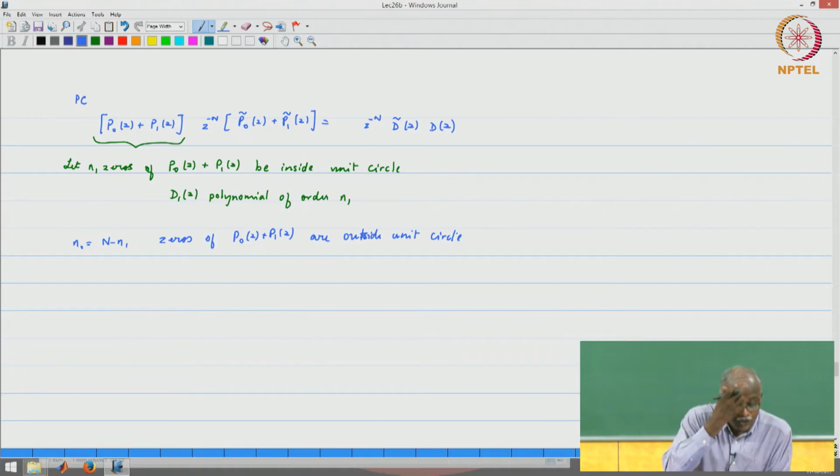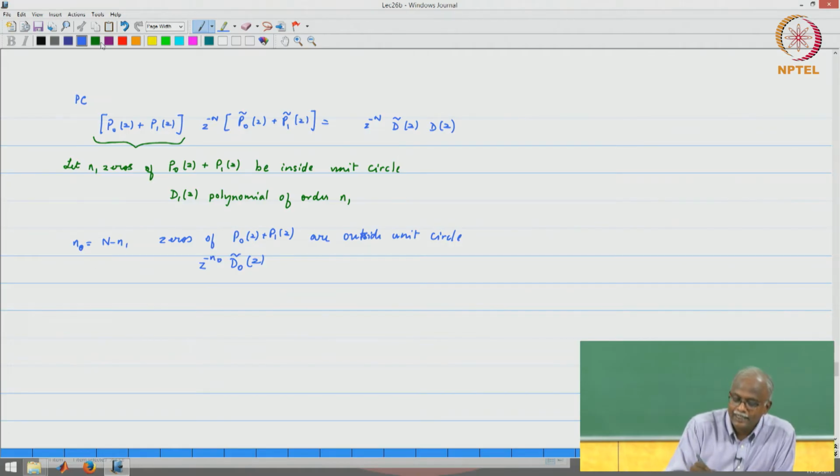So basically these will have to be factors of d tilde of Z. Let us call this d0 tilde of Z. Because it is of order n0, if I want to make this causal, this must be Z power minus n naught.